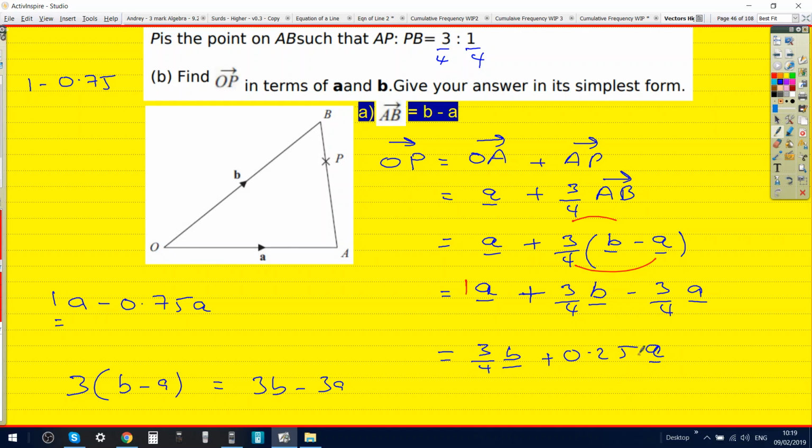And what is 0.25 as a fraction? One quarter? Yeah. And so basically, 1 is the same as 4/4. 4/4 take away 3/4 is 1/4. So 3/4 B plus 1/4 A. It looks very different from what you're used to, but it follows all the same rules.